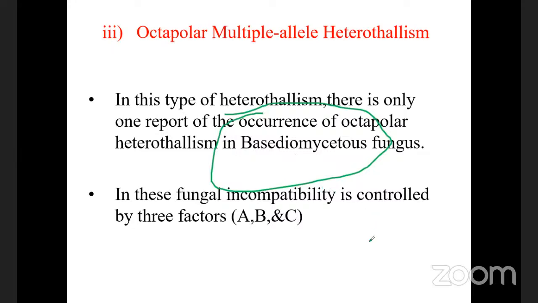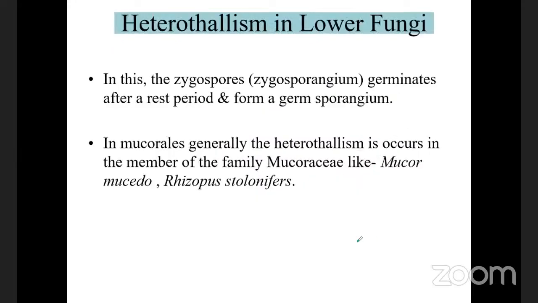Octopolar heterothallism is controlled by 3 factors, A, B, and C. 3 different factors on the loci are affecting the octopolar heterothallism. Usually, in the lower fungi, zygomycetes, whenever zygospore formation is taking place, two opposite strain thalli are mating.